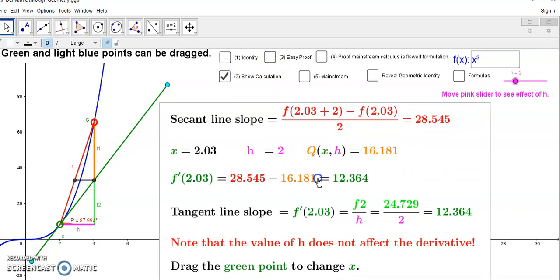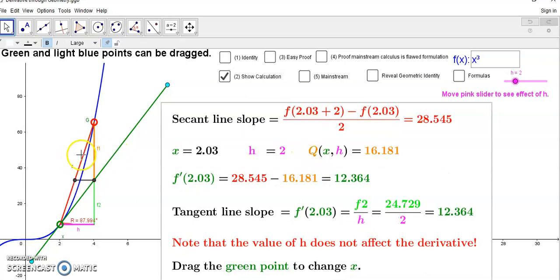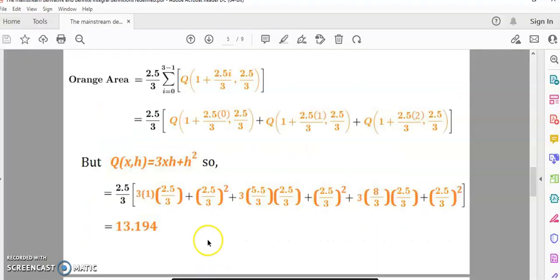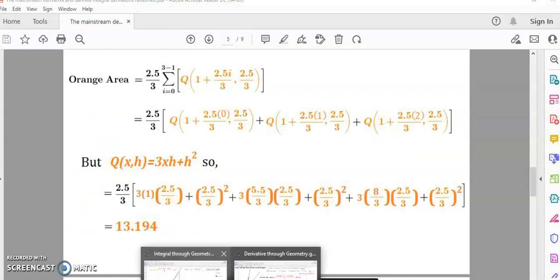As I told you, the secant line slope is this red line here, and it's simply given by the rise over run, which is that. And then we know that the difference in slopes is given by q of xh, which in this case, as I've shown you earlier on, is simply 3xh plus h squared, okay?